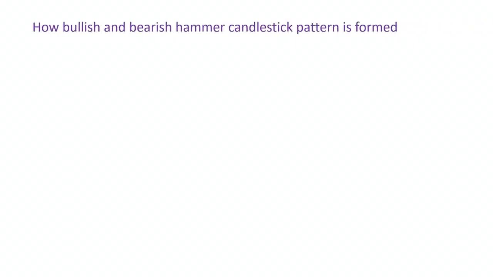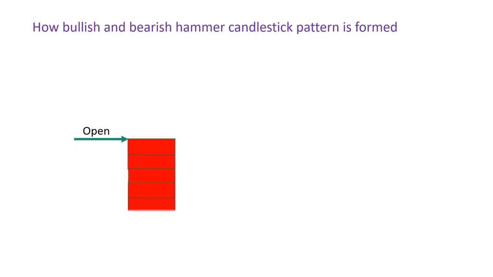How the bullish and bearish hammer candlestick pattern is formed. Let's assume the market opened at this point and the sellers push the price down, indicated with the red color, all the way down to here.